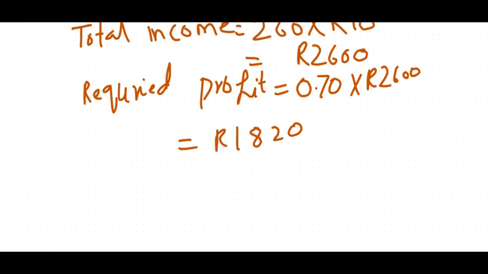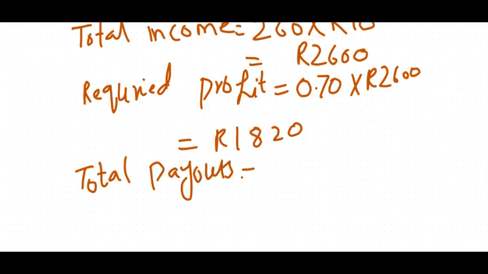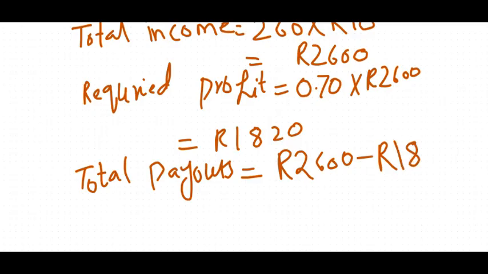So the total payouts equal R2600 minus the required profit of R1820. So the total payouts we get are R780.